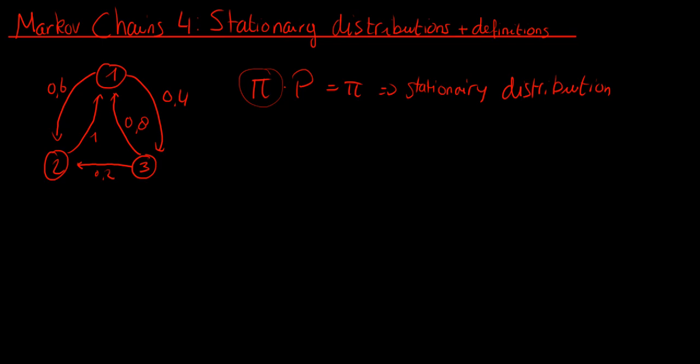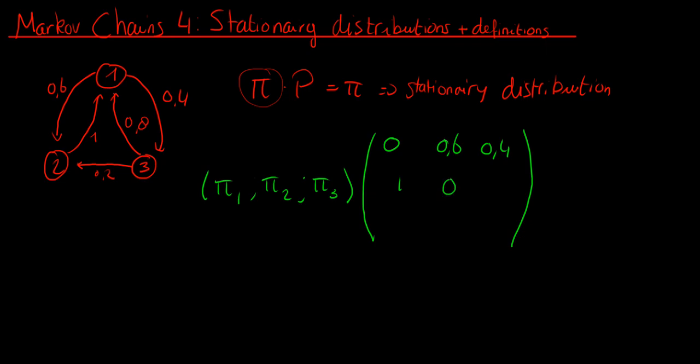So if we're going to write that down, we're going to have pi 1, pi 2, and pi 3 as our initial distribution multiplied with P, our transition matrix. Our P was as follows. It was 0, 0.6, and 0.4.